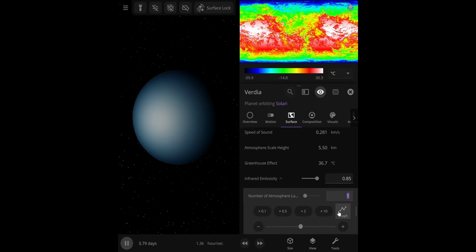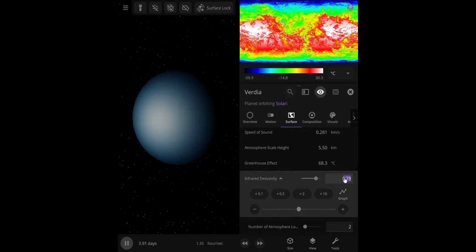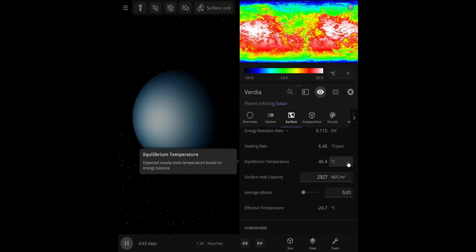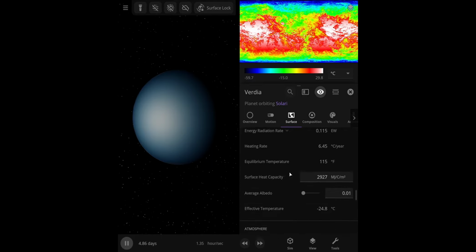Add 2 layers, 0.85 infrared emissivity. Go back up here. There you go. 320 degrees Kelvin. Perfect. Which, if you want to know, is around 46 degrees Celsius, which is also this many degrees Fahrenheit.